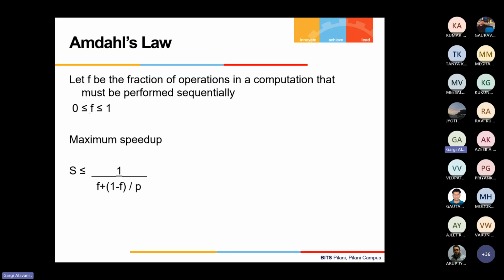If you have F fraction of your code which is executed serially, the maximum speed up that you can achieve is 1 divided by F plus (1 minus F) divided by P. With this, you can calculate the speed up if you have a fraction F which is always serial in your code.